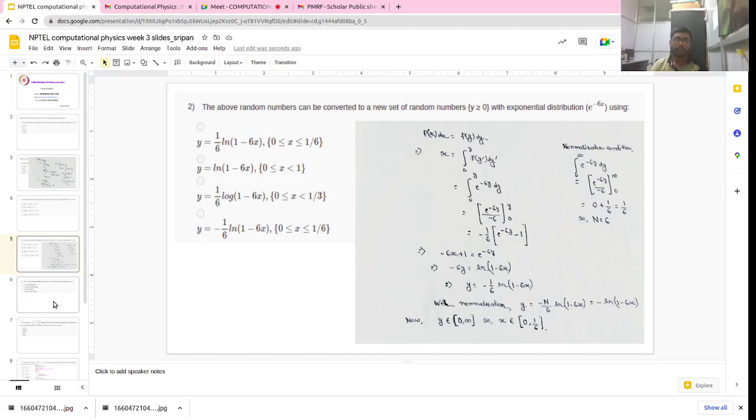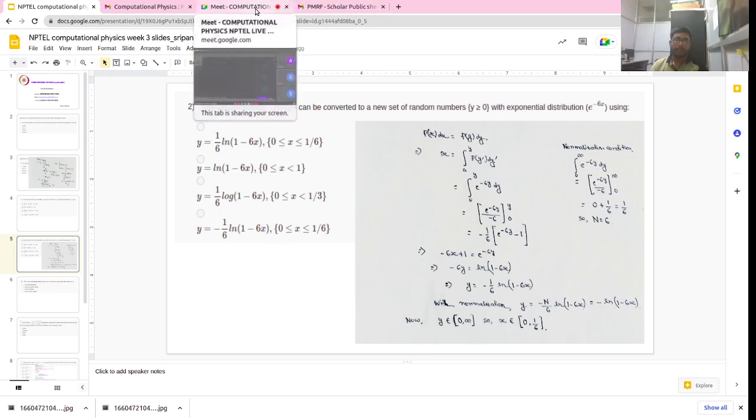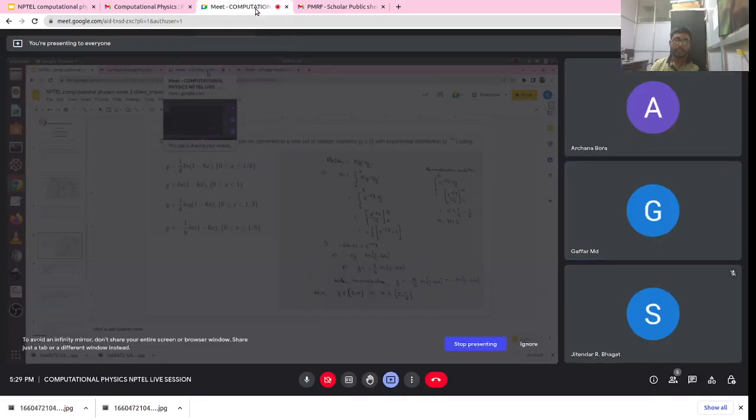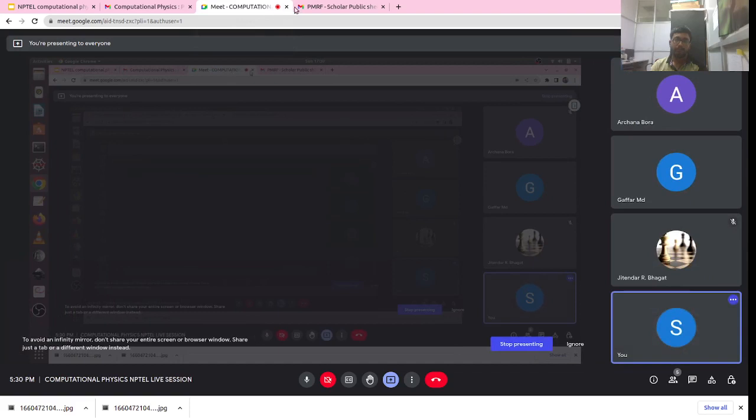Are you okay with this? So this limit, infinite, will come. Y has to be infinite, the limit has to be 0 to infinity. Minus 1/6. So you have to put those values of x so that y takes values from 0 to infinity.